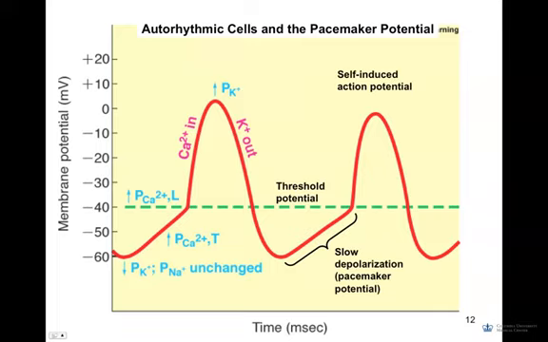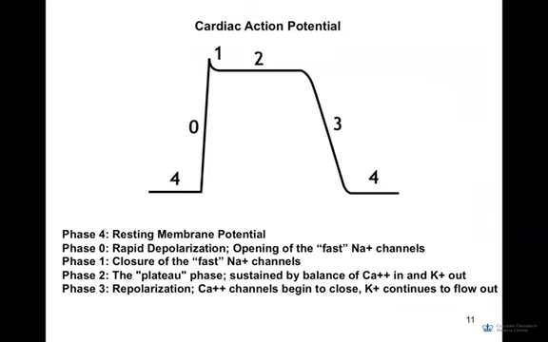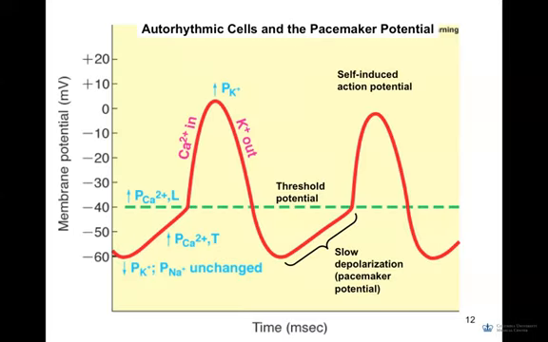The autorhythmic cells. Okay? So I told you that something is stimulating these cardiac muscle cells to go into phase 0. Okay? And what's stimulating these cardiac muscle cells are the autorhythmic cells. The autorhythmic cells are responsible for keeping the pace of stimulation throughout the heart.